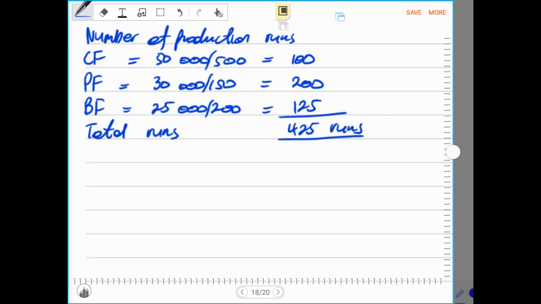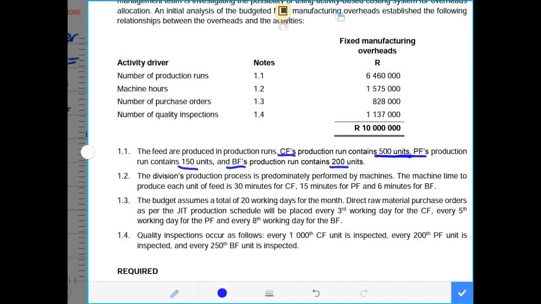Then after now we have to allocate the fixed cost, and that fixed cost that goes with the number of runs is the 6,460,000, which is the cost of production runs.